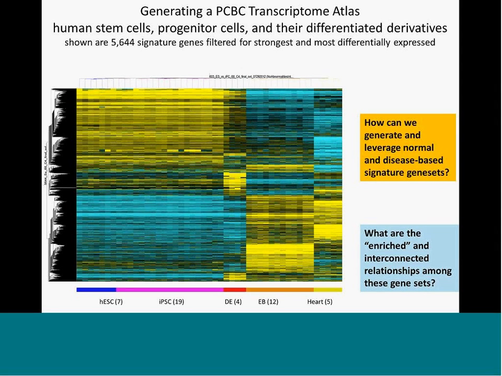Now this is a look at the 5,000 genes which are most differentially expressed between EB and iPSC. And here I'm showing the ESC versus the iPSC. You really don't see much of a signature difference between the ESC and the iPSC at any level.